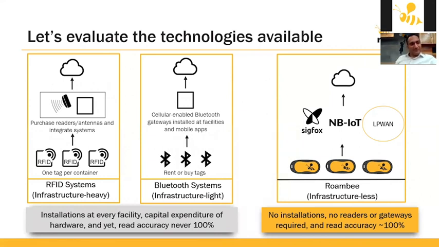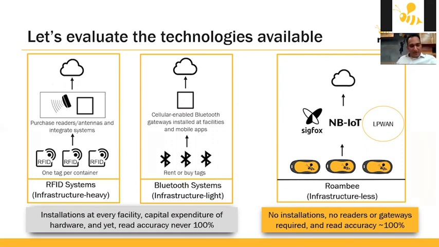So what is that? The biggest problem that I've experienced with RFID technologies is that you have to install a lot of infrastructure at every facility in order to be able to get visibility across your supply chain network. And what I mean by infrastructure is nothing but readers and antennas, right?